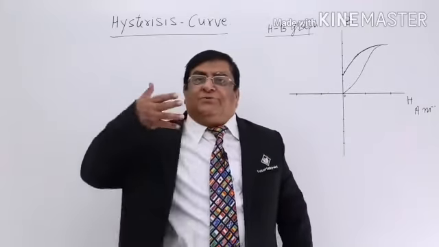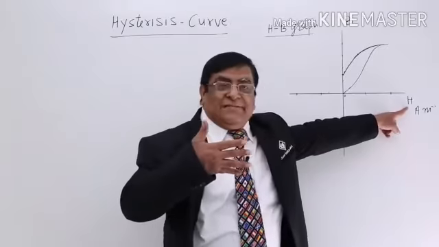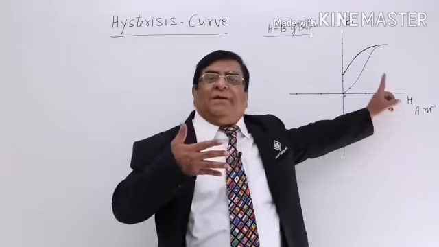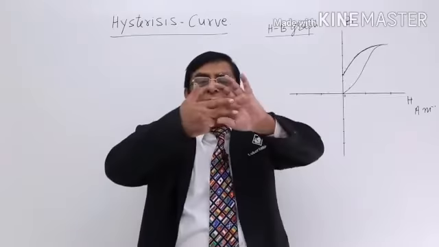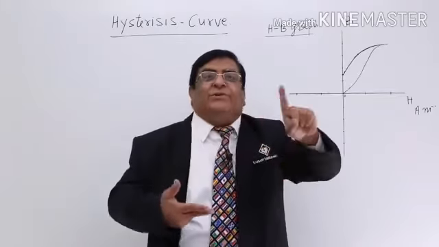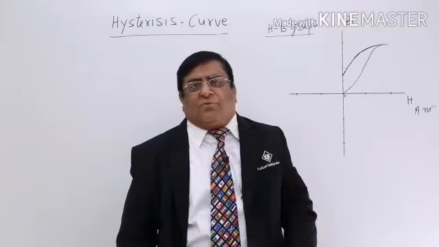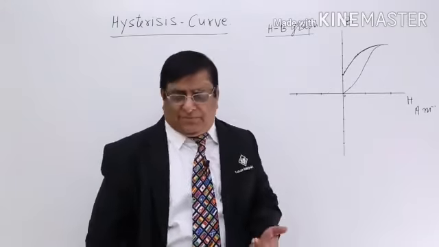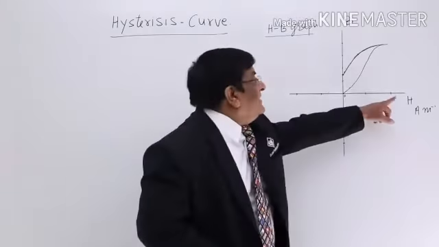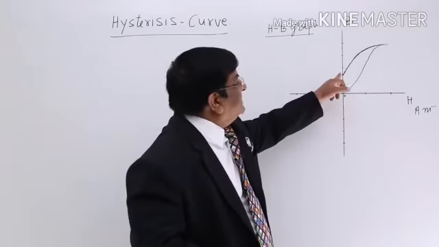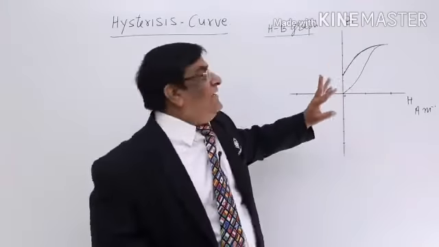When we remove our magnetizing force H, we find that the magnetic field has not become 0. Some magnetic field is retained in the ferromagnetic material. That's quite normal, it may happen, but we find it happens. H is completely withdrawn, H has become 0, but B is still retained there.